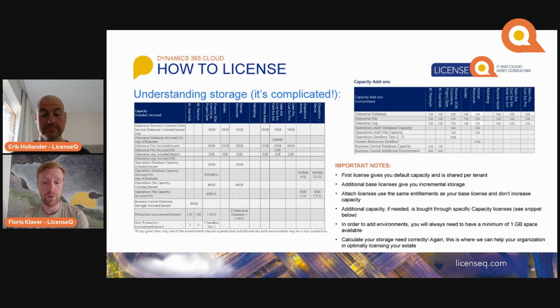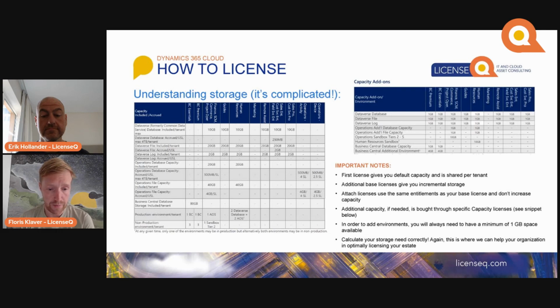But the way you need to read this table, again taken from the Dynamics 365 licensing guide, is where you want to start. So the first license gives you default capacity and is shared over your tenant.